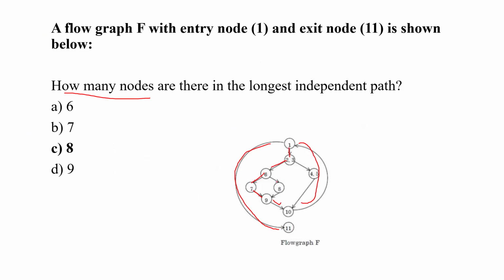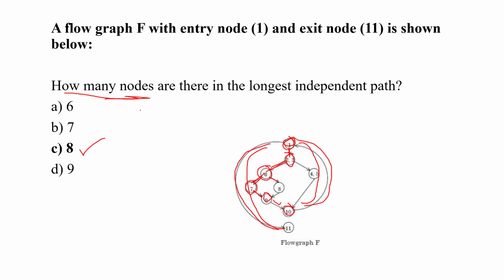Only two paths we can take, this path or 6 to 8. Either way we get the same thing. But we have to calculate the nodes, not edges. So 1, 2, 3, 4, 5, 6, again 7, again 8. So the longest is 8.